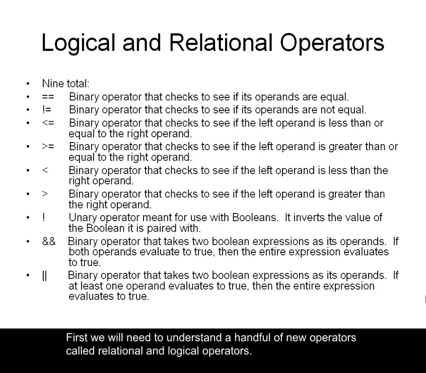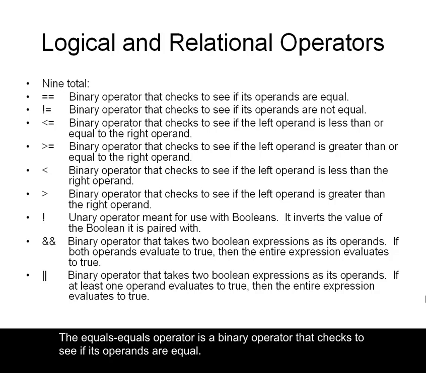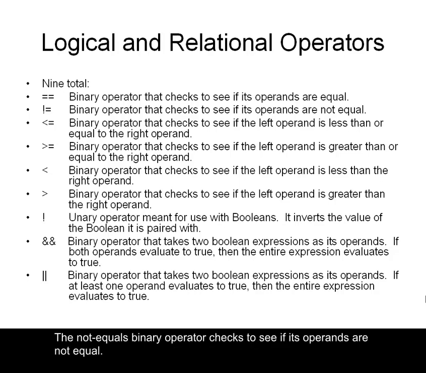First, we will need to understand a handful of new operators called relational and logical operators. There are 9 total. The equals equals operator is a binary operator that checks to see if its operands are equal. The not equals binary operator checks to see if its operands are not equal.